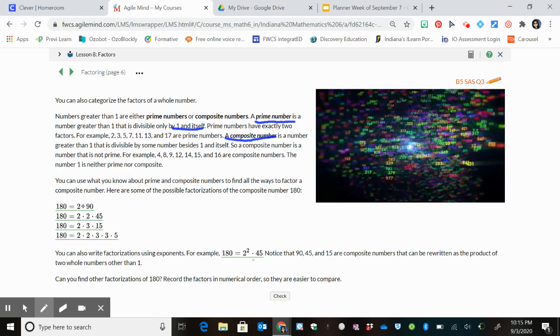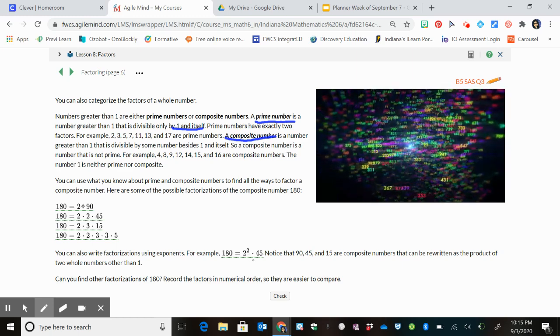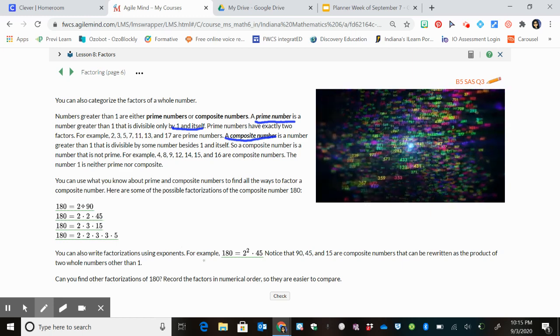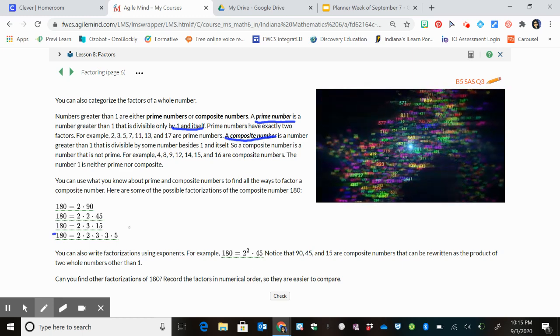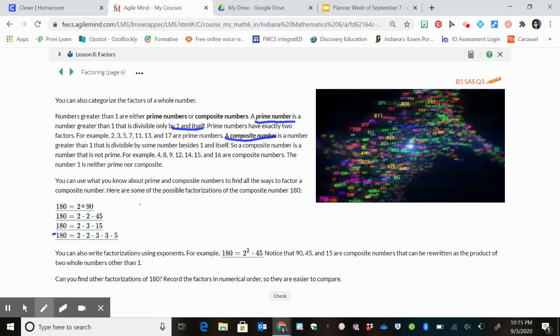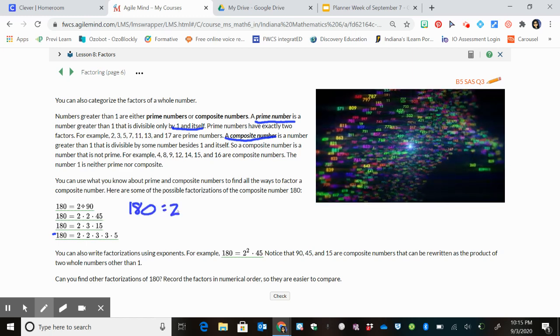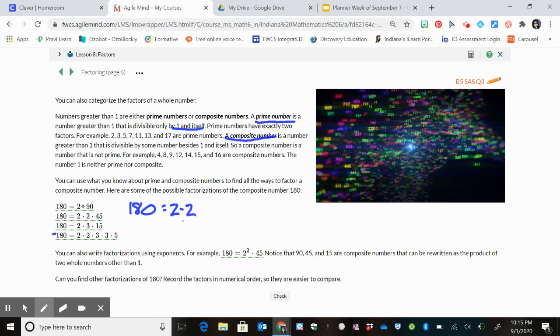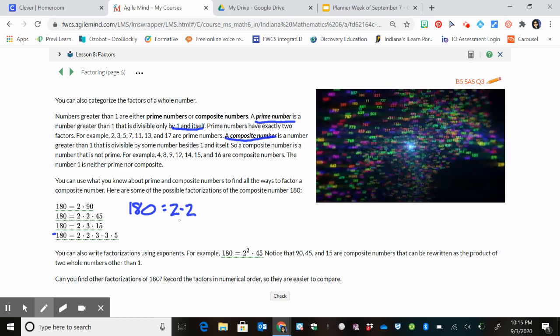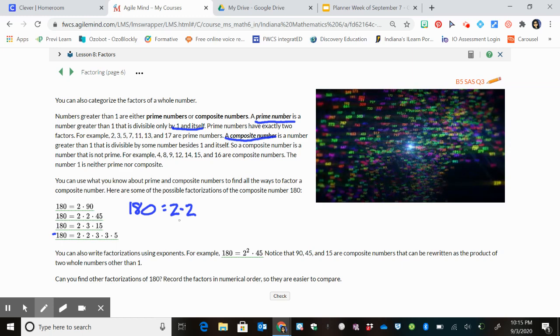So let's look at this 2 squared times 45. Well, we know that 3 times 15 makes 45. So I have the 180. We have the 2 squared already, so that's 2 times 2, because 2 to the power of 2 means 2 multiplied by itself twice.